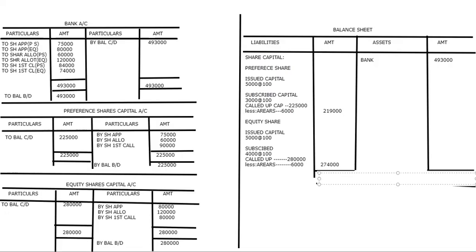If I add 2 lakhs 19,000 plus 2 lakhs 74,000, I'm getting 4 lakhs 93,000. We got it on both the sides, 4 lakhs 93,000 on either side. That's it. I think it's clear now for you people.